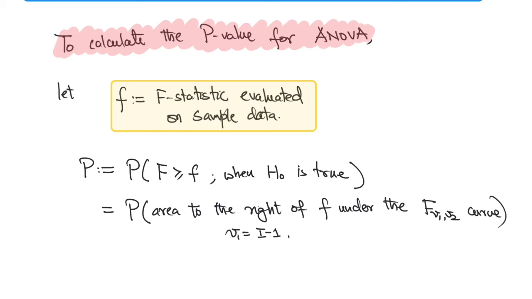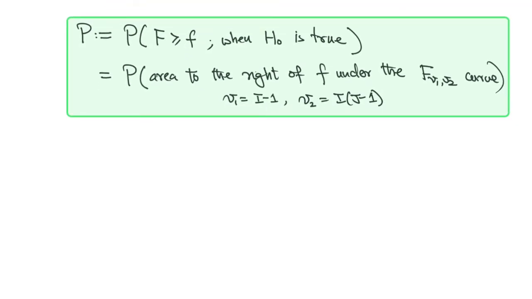Note that when the null hypothesis is true, we know that the F statistic has the F distribution with the given nu1, nu2, and as a result, we can calculate the p-value as the area to the right of small f under the F(nu1, nu2) curve.